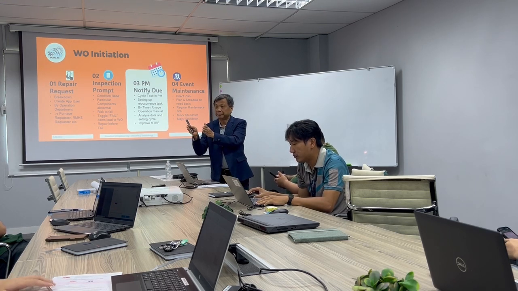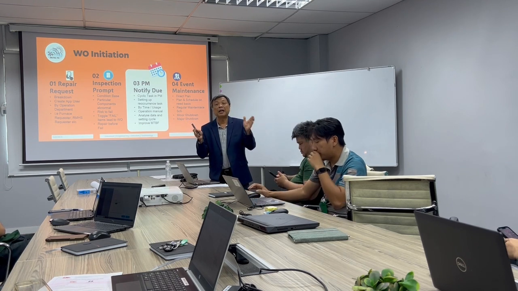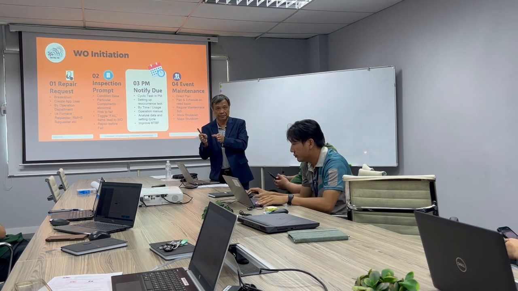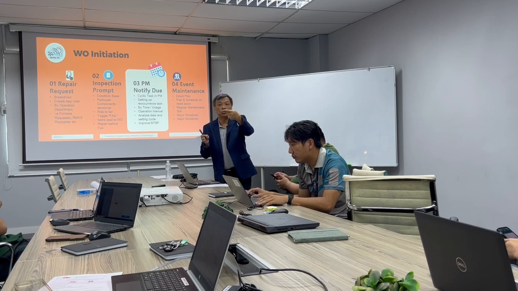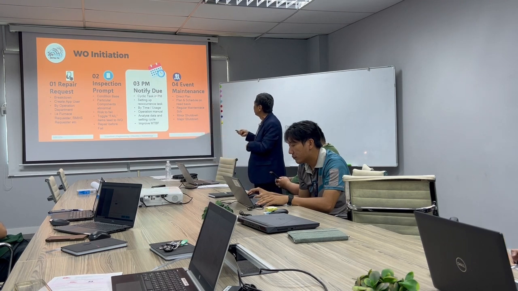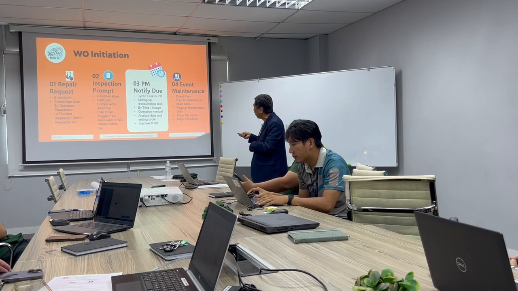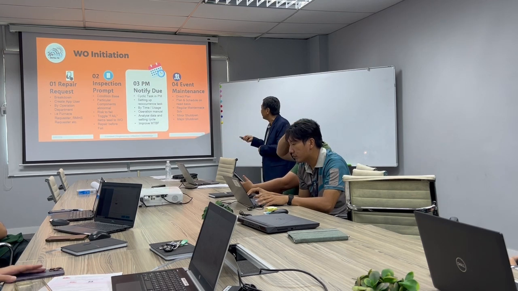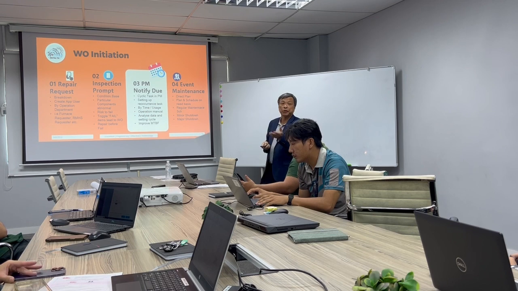Once it runs until 1,900 hours, that notification will jump to the equipment due list, due soon. That means you have 100 hours to prepare for that repair. That is under preventive maintenance. You set up the recurrent task. And this one usually you follow the operation manual.